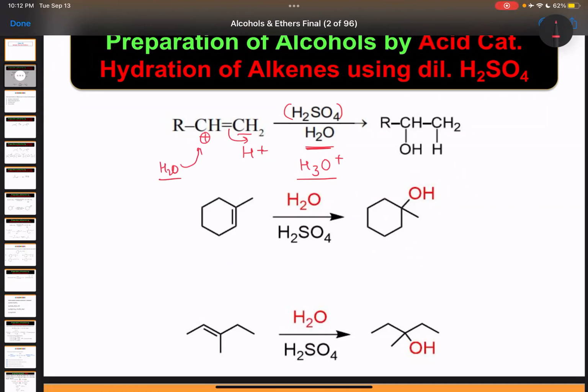Yes, sir. So by this method we can prepare a secondary alcohol, where you will put OH and H. Is it clear?